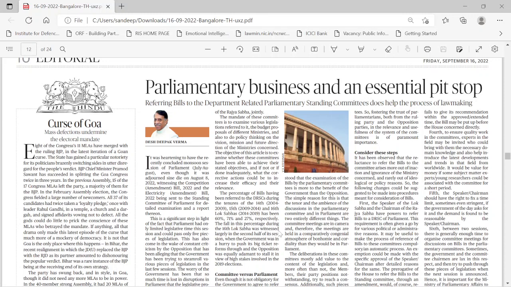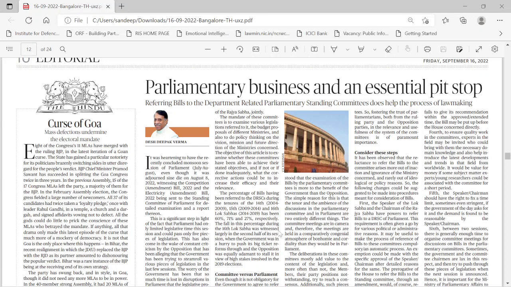See guys, in the parliament, to support the MPs, there are parliamentary committees, and these committees will have Lok Sabha and Rajya Sabha members almost in the ratio of 2 to 1, and these are made up of MPs and mostly selected by the Speaker of the Lok Sabha and the Chairperson of the Rajya Sabha.